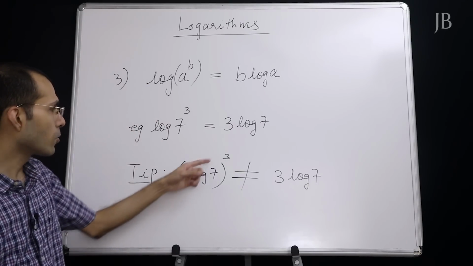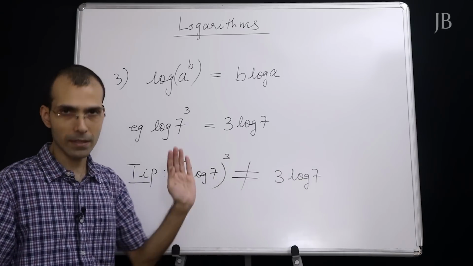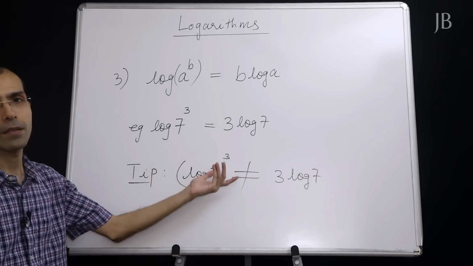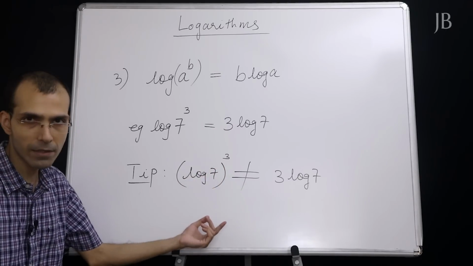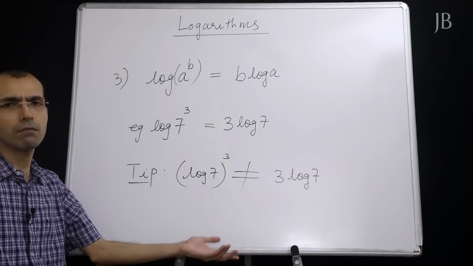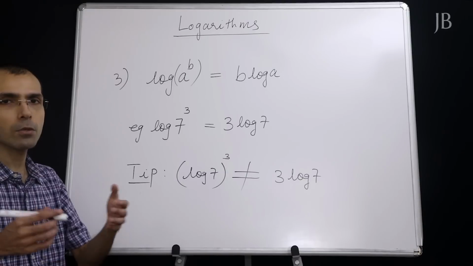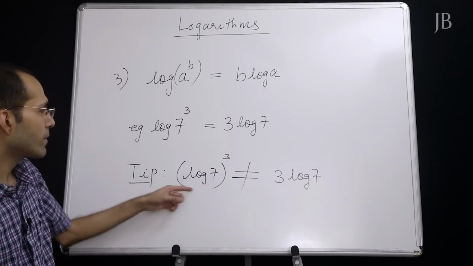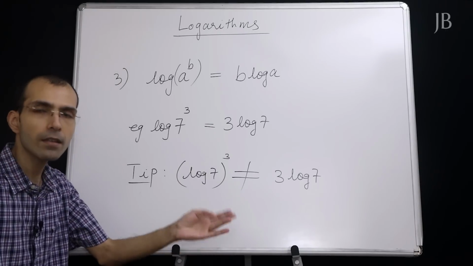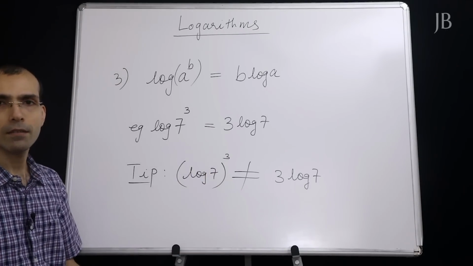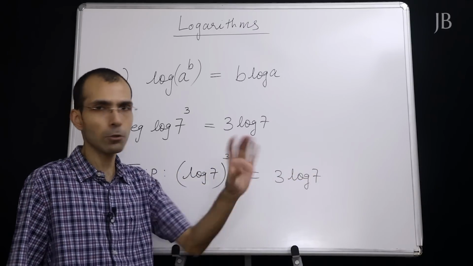So log 7 the whole raised to 3 is not equal to 3 log 7. Then what will it be? It will be log 7 into log 7 into log 7. That's it. It is like 5 cube is 5 into 5 into 5. So log 7 the whole cube will be log 7 into log 7 into log 7. Done. But under no circumstances will it be 3 log 7. It will not be 3 into log 7.